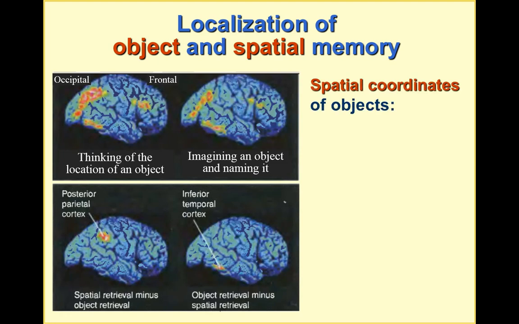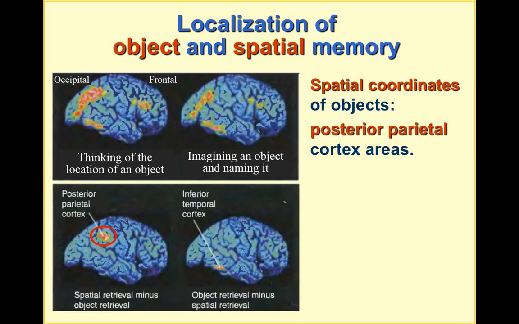And you can observe the spatial coordinates of the body and objects located to the left side of both pictures. You can observe this is a posterior parietal cortex. It's exactly the posterior portion because frontal lobes are to the right side here.